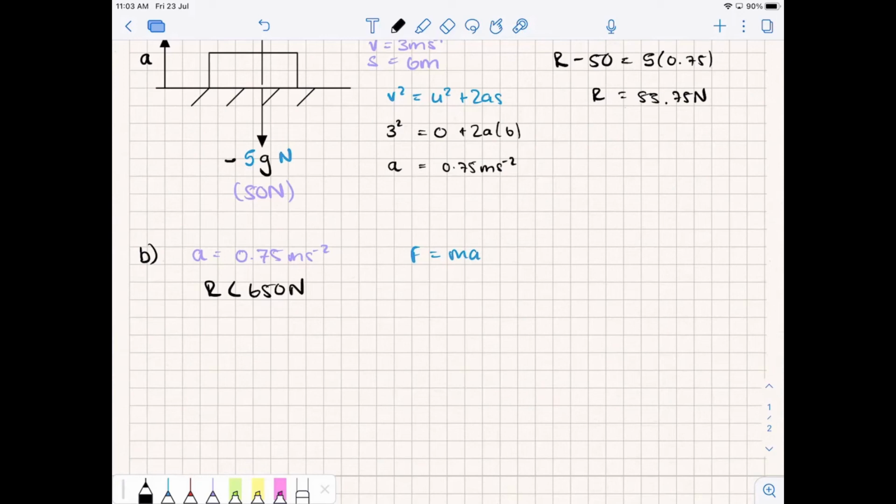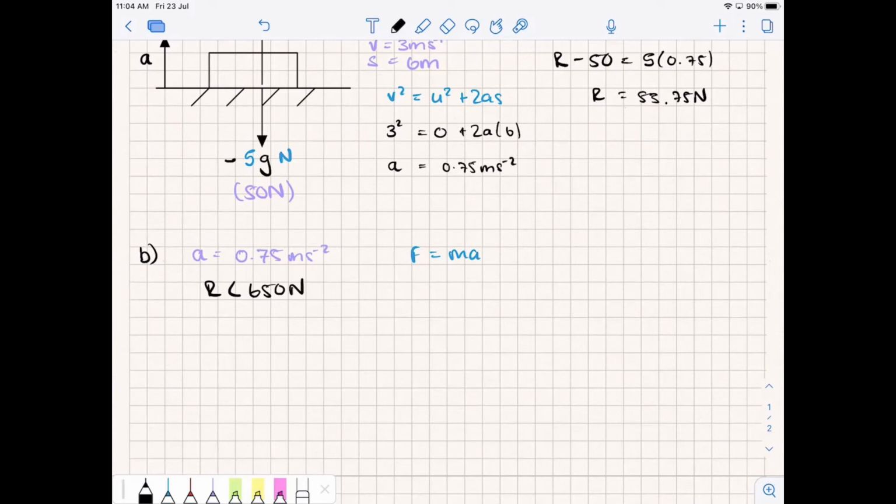We need to reconsider the mass of the object. The mass of the object is not 5, it's going to be 5 times however many blocks we have. So if we have a variable that we can't solve for, we just use a letter of the alphabet to take its place.